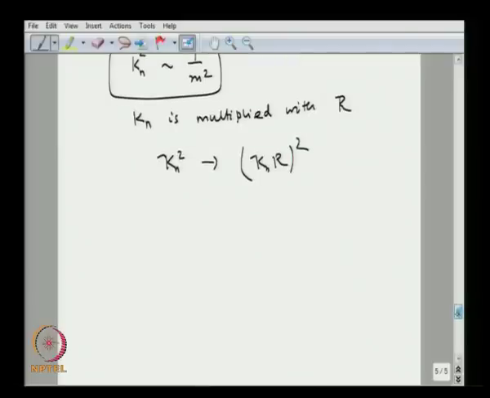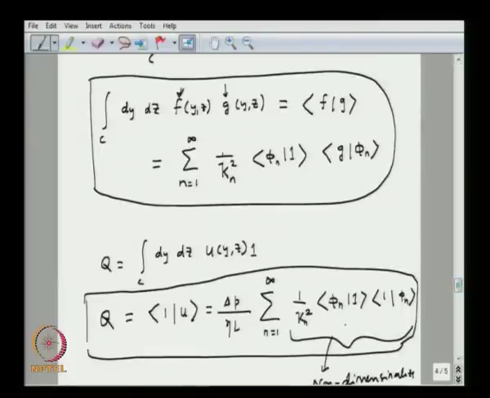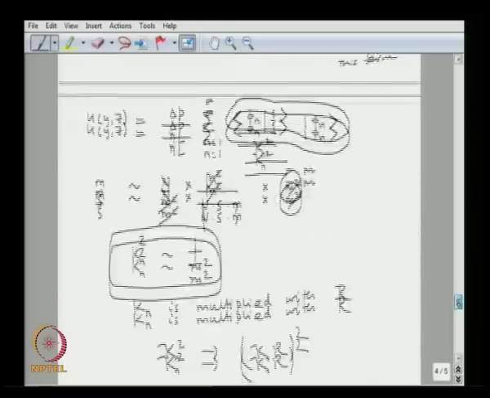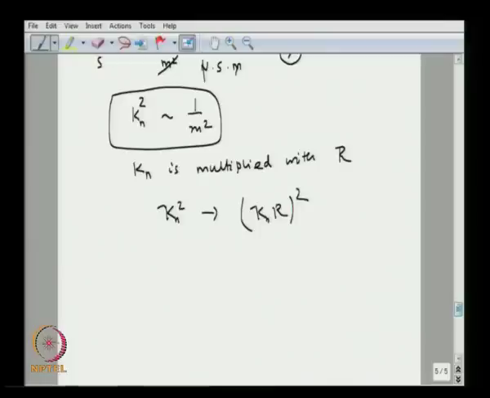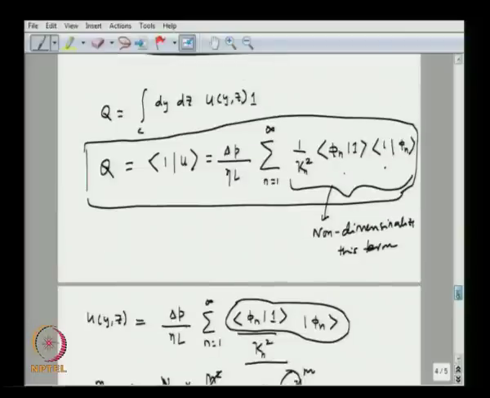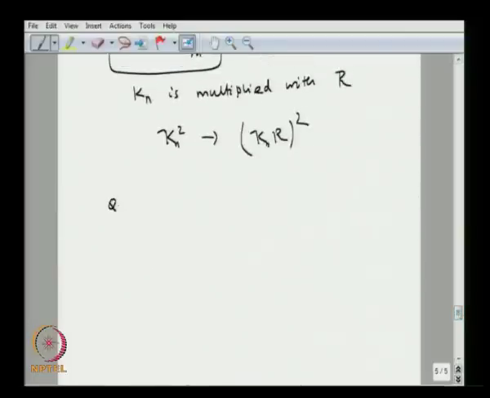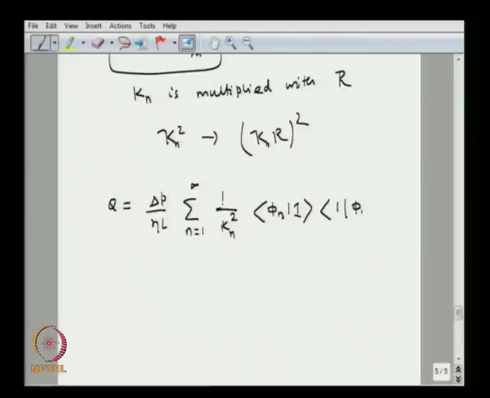Then if you look at the dimension of these two terms here, before we go to that, let us write down this equation here: Q equal to delta p over eta L, n equal to 1 to infinity, 1 over the eigenvalue square into phi n 1 into 1 phi n.